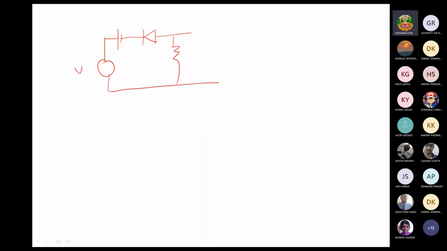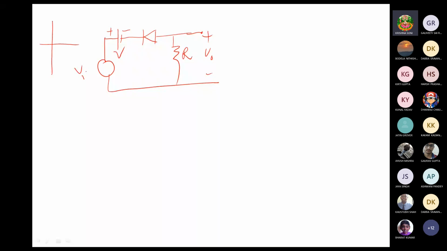Okay, so say input voltage Vi is here, some voltage level plus minus V, and a diode is here, resistance. Output voltage plus minus V naught.